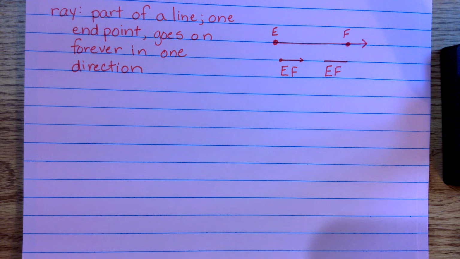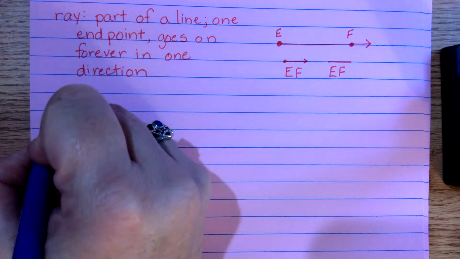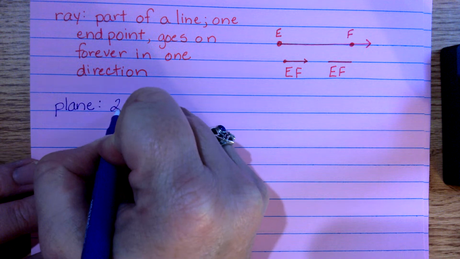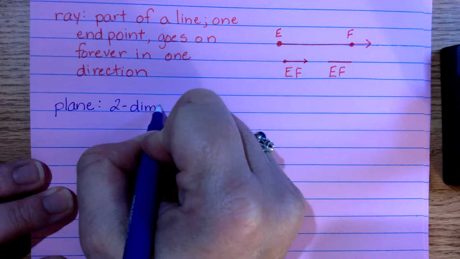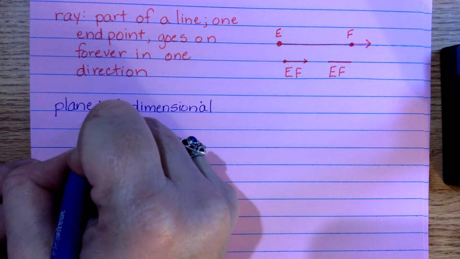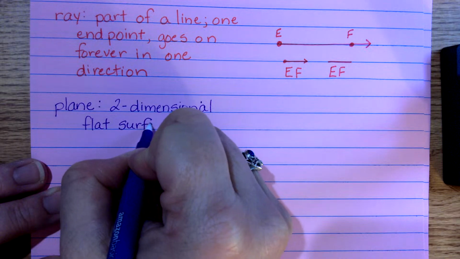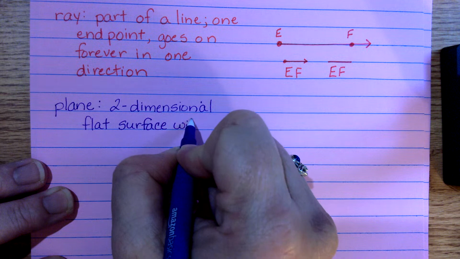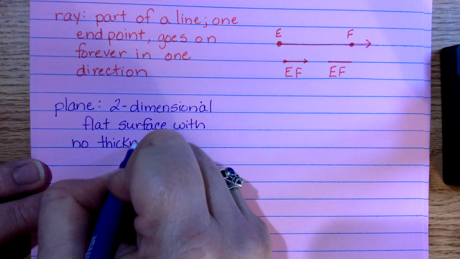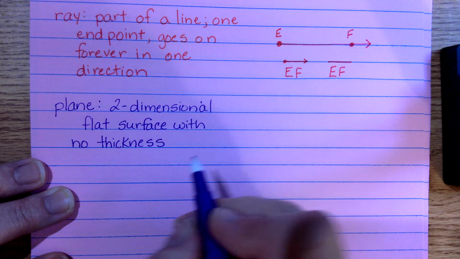A plane is a two-dimensional flat surface with no thickness. So plane is a two-dimensional flat surface with no thickness. Think about a piece of paper. And it goes on and on forever.